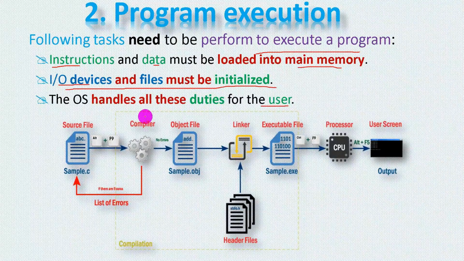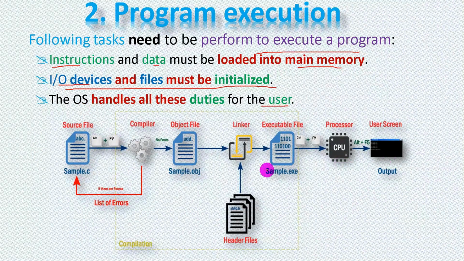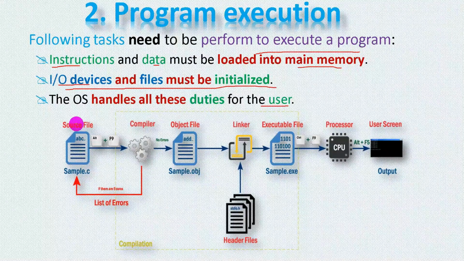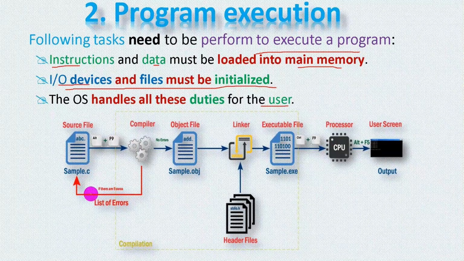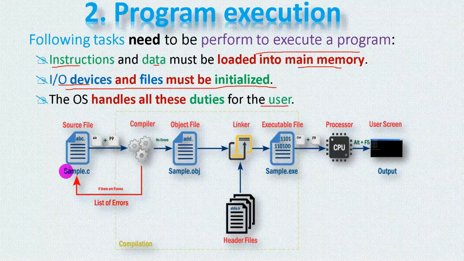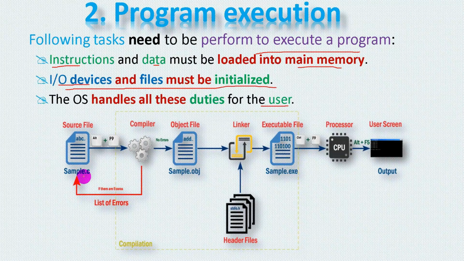In order to execute or run an instruction, this is the common pattern of how it works. For instance, if the programmer writes a program or develops an application program with the C language, and his file name is sample, because the program that he uses is C, the file extension is .c, and this program is written with an editor, for instance Code Blocks or Visual Studio.